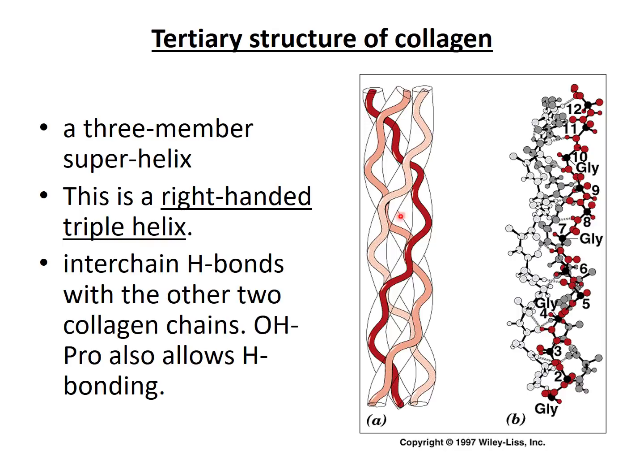So what is keeping together three of these polyproline helices to build the superhelix or triple helix tertiary structure of collagen? Majorly, these are hydrogen bonds that are formed among the three helices, and one of the players in hydrogen bond formation is hydroxyproline.